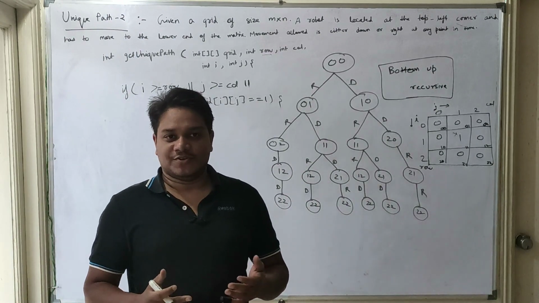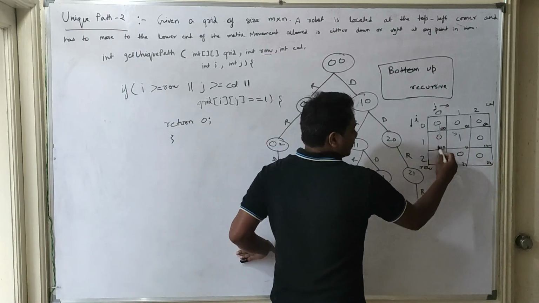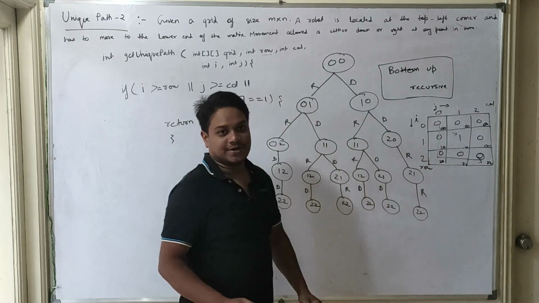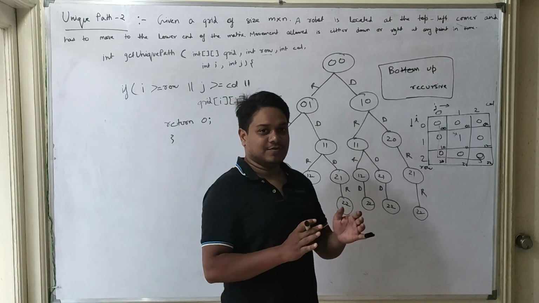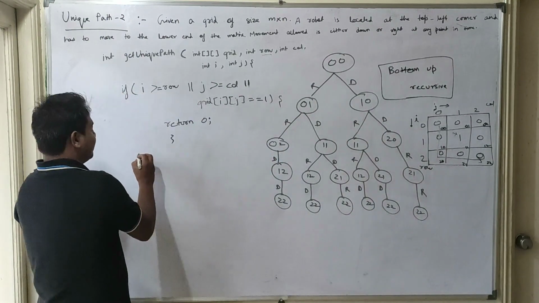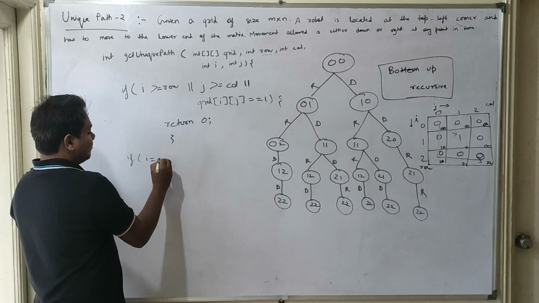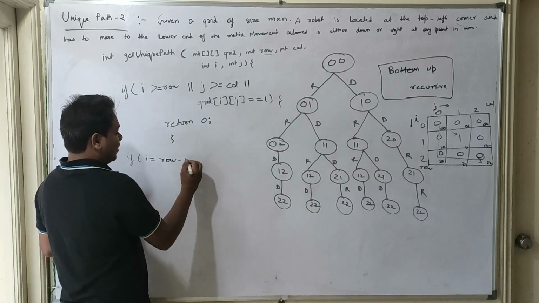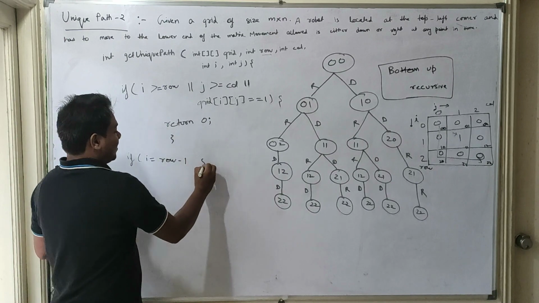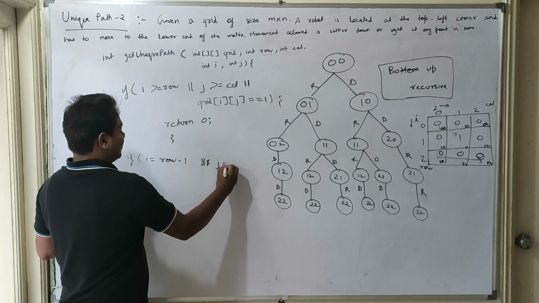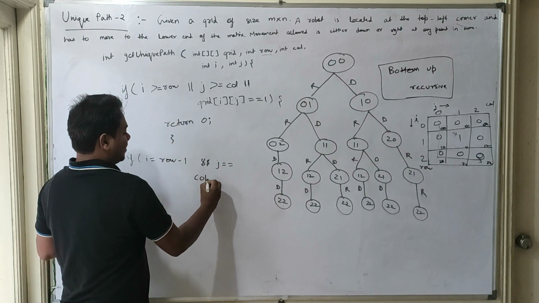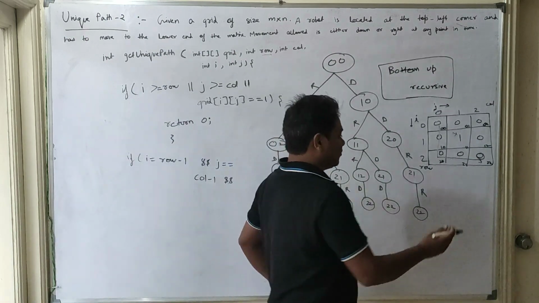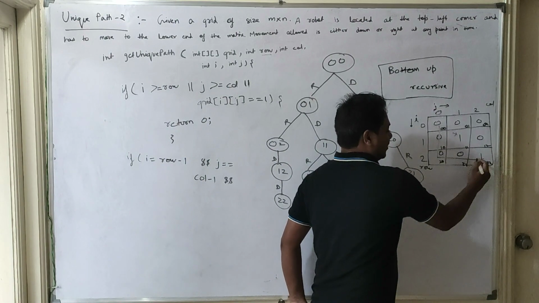And what is the point where we stop? When the robot reaches this particular point, it reaches the end of the grid, end of the matrix. At that point we stop. So that condition we can write, if i is equal to row minus 1, since we started from 0, so it will be 1 less than that, and j is equal to column minus 1, but we have to also make sure that it is not having 1 over here.